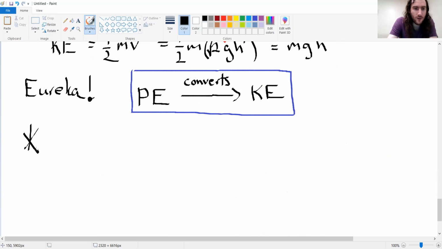So this is like a big one here. So actually I don't think that asterisk is enough to emphasize. So we're gonna have to break out the big guns here. So this is one of the biggest takeaways that you want to get out of a physics class, is this idea of conservation of energy.